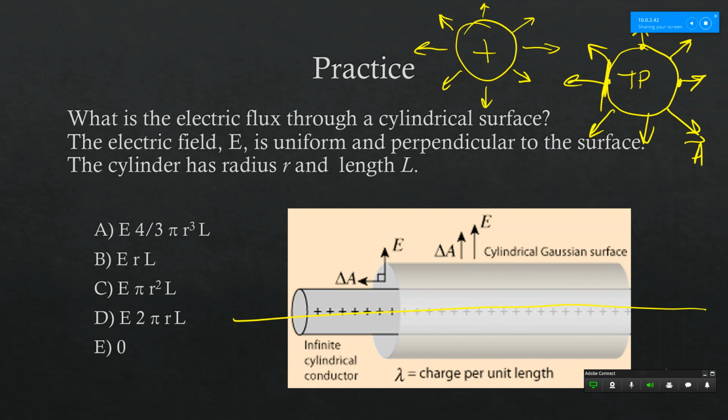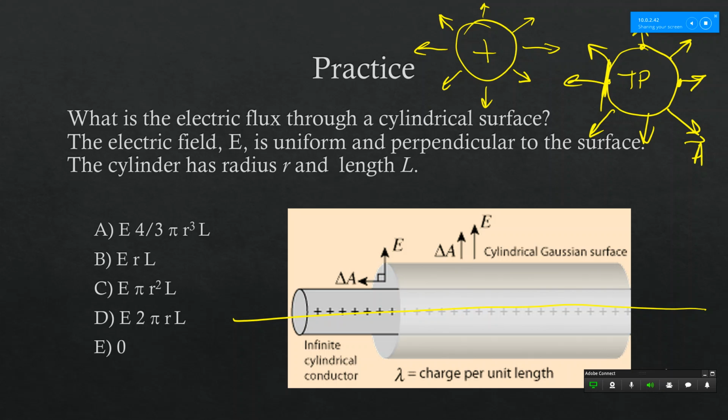If I were to roll up the paper roll, the area vector is normal to the surface at that point. All along the surface, it's going to be pointing outward, no matter where you are along the length. The area vector. All right, so it's perfect.